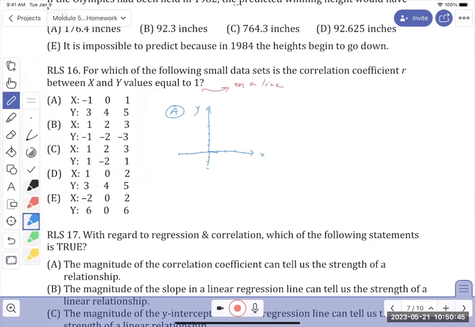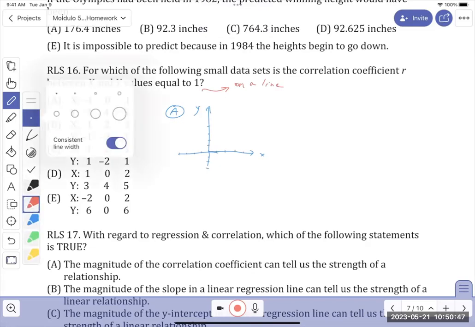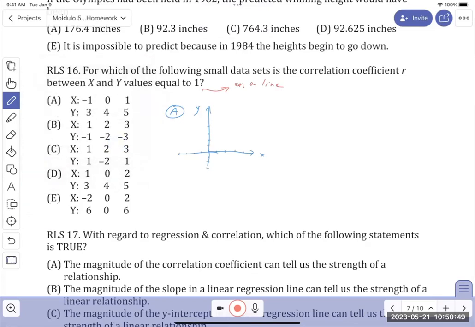Sorry for the curvy crap. So X -1, Y is 3. X 0, Y is 4. Dot. X 1, Y 5.